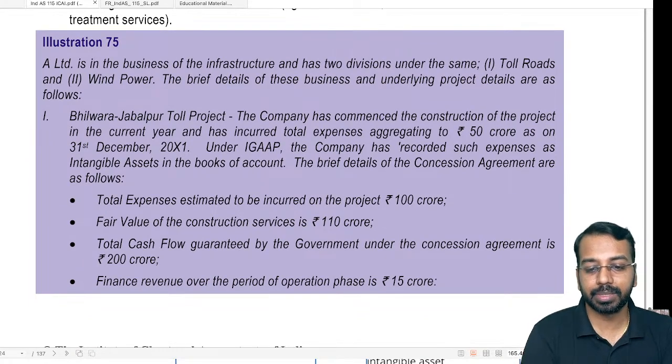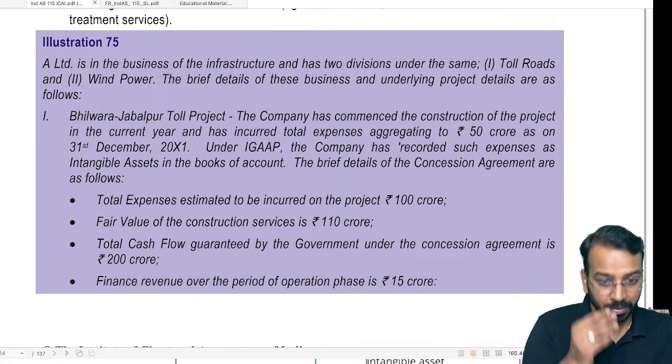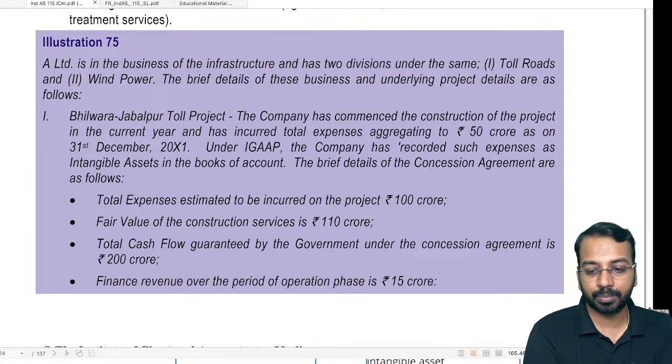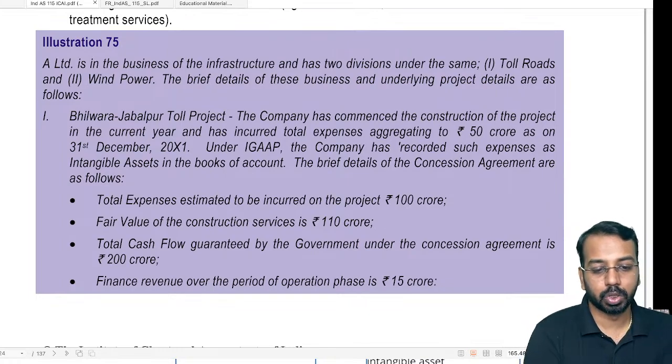A Limited is in the business of infrastructure and has two divisions under the same: toll road and wind power. The brief details of these businesses and underlying projects are as follows. Bhilwara Jabalpur toll project.